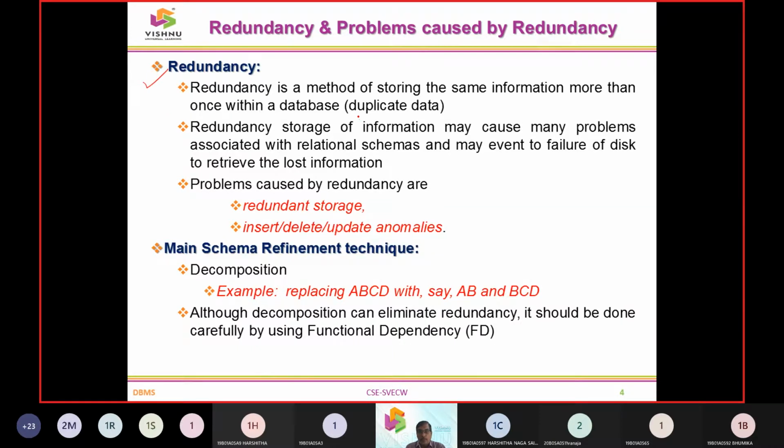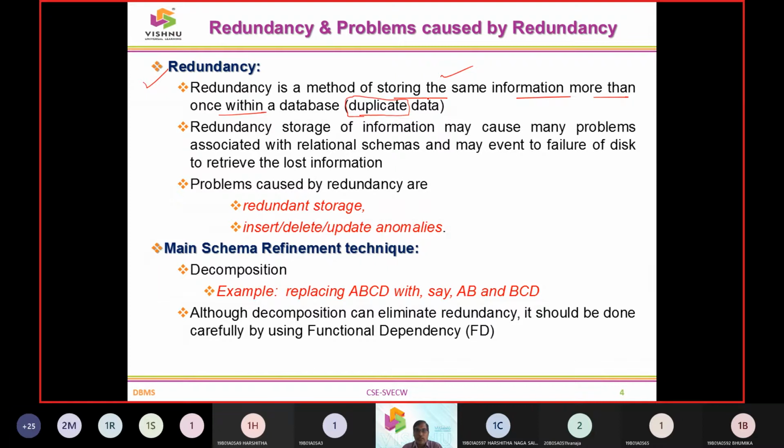Redundancy is to have a duplicate. That is, if the database is going to store the same information more than once, then we call that duplicate data. As per the definition, it is a method of storing the same information more than once within a database.